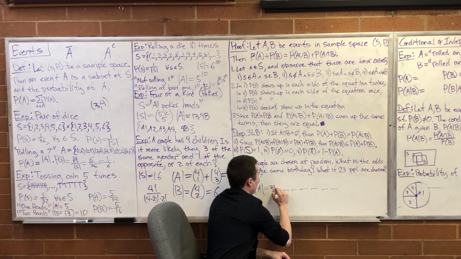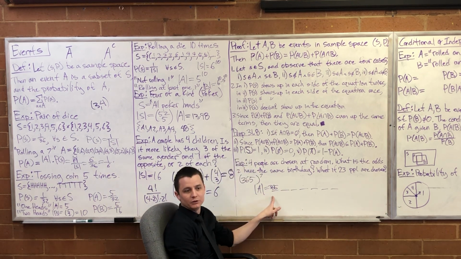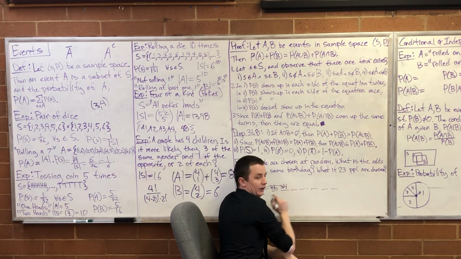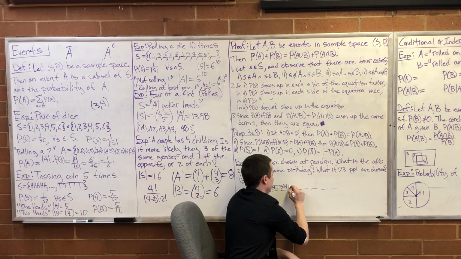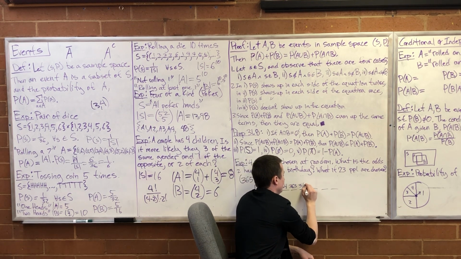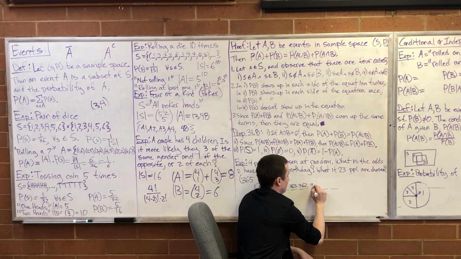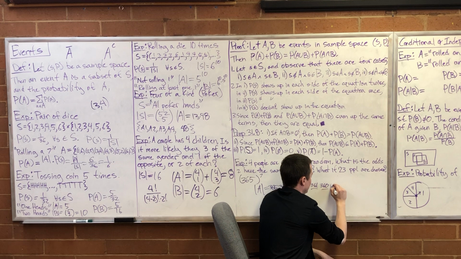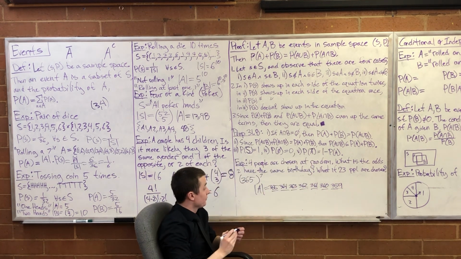How many ways can we have Emma's birthday if it's not the same as Peter's? 364. And then Laura is 363, and then Rhoda is 362, and Lee is 361, and Stafford is 360, and I am 359, which is pretty intuitive.